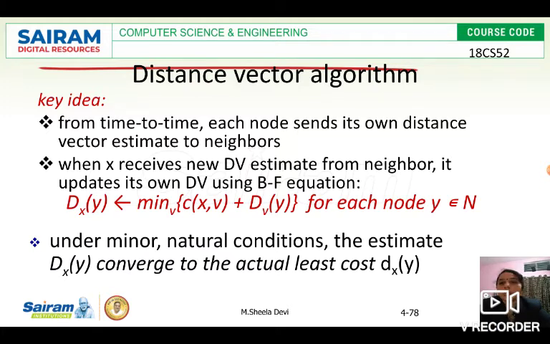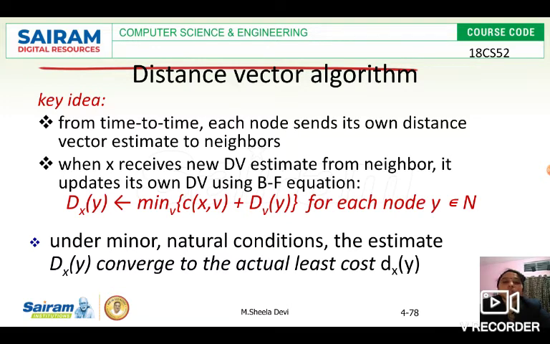See here, the distance of x to y is equal to the minimum over v of the cost of x to v plus the distance of v to y. What is v here? It is the intermediate node. Clear? The source is x and the destination is y.